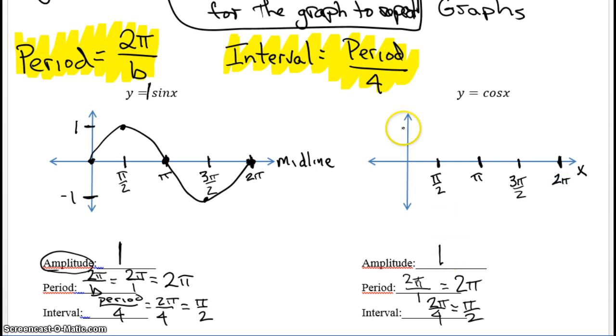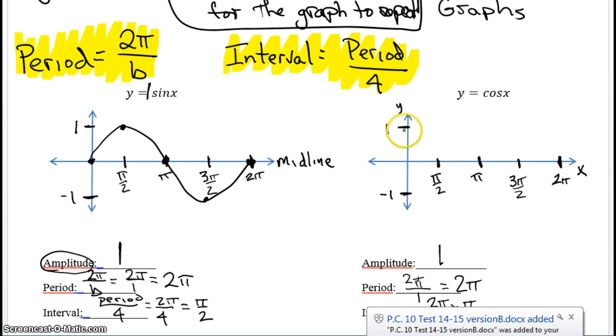The amplitude is 1. So along the y-axis, I go up 1 unit, I go down 1 unit. Now the graph of the cosine is different than the graph of the sine. We said the parent function for sine starts at the origin.